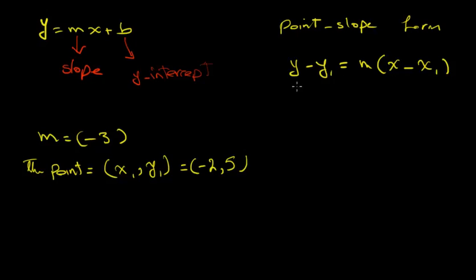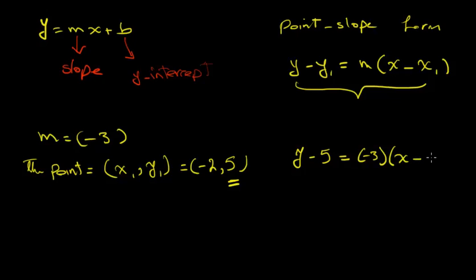We can use this formula to write an equation for this line. So we'll have y minus 5, which is our y1, equals m, which is minus 3, times x minus minus 2.